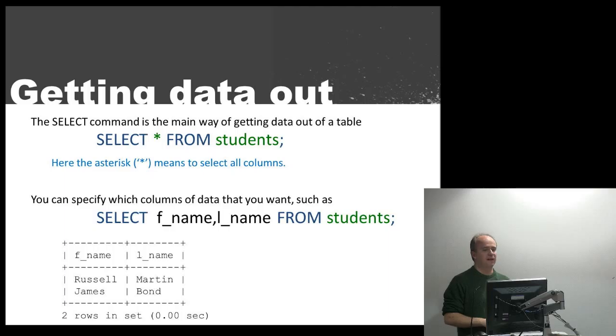Obviously you don't have to select everything with this star. You can have some more complex commands. For example, you want to extract only the first name and the surname from that table. So just select first name, comma, last name from the table students, and you get this result.